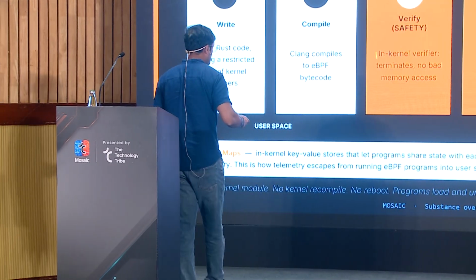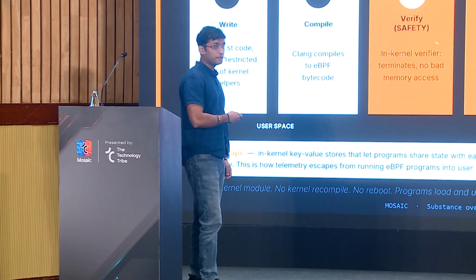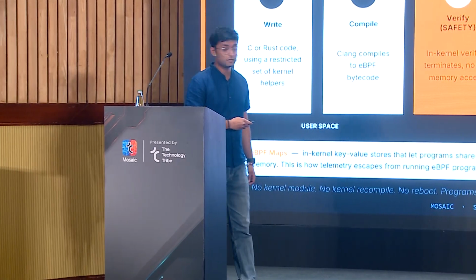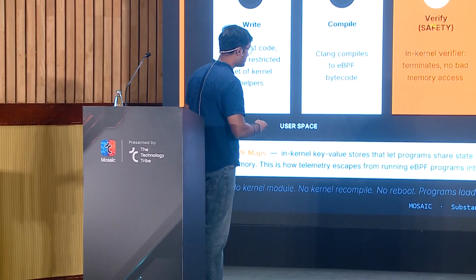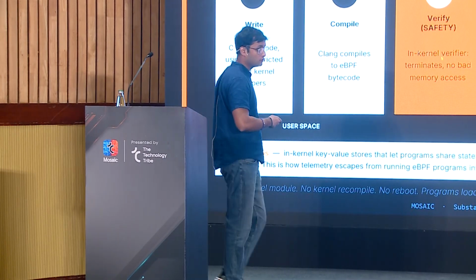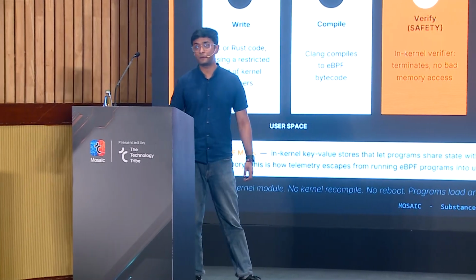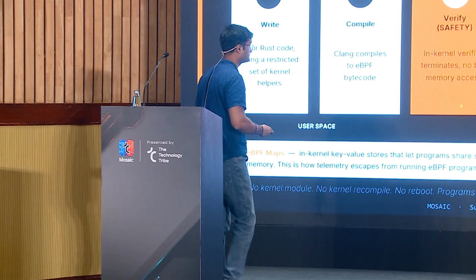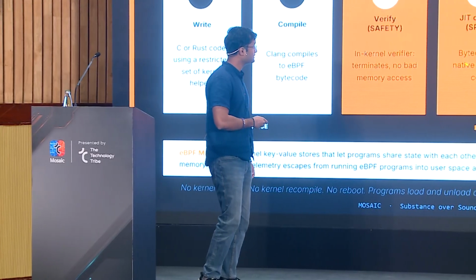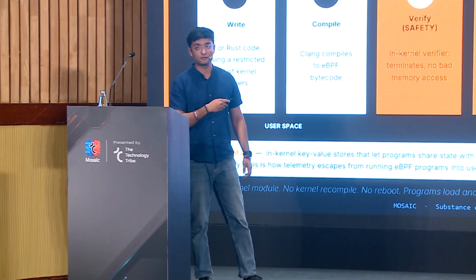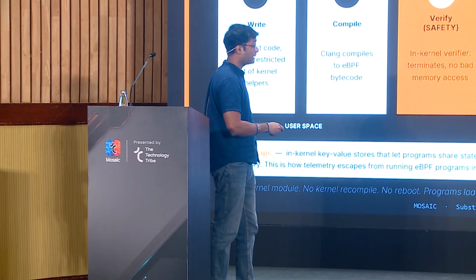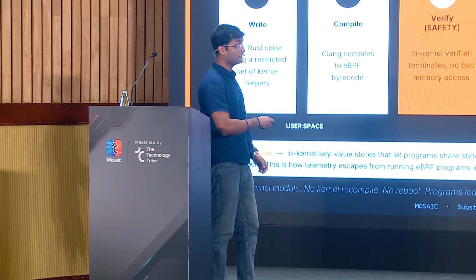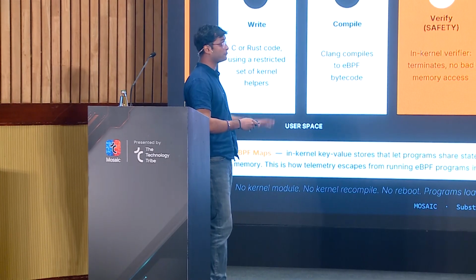Because the kernel is a very sensitive piece in the entire Linux infrastructure, it needs to verify your program for any infinite loops, invalid memory access, variables not being defined, and so on. Then a just-in-time compiler compiles your bytecode into native machine code, and that gives it absolutely like 10x performance.